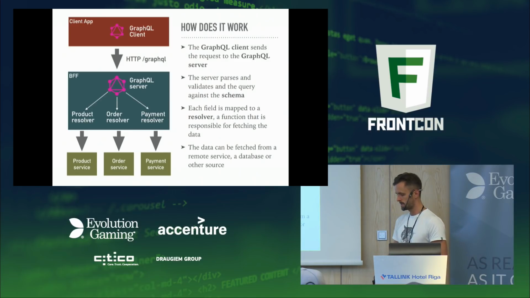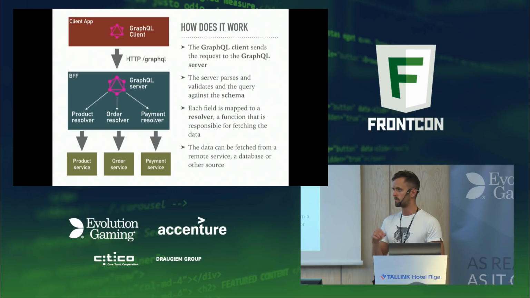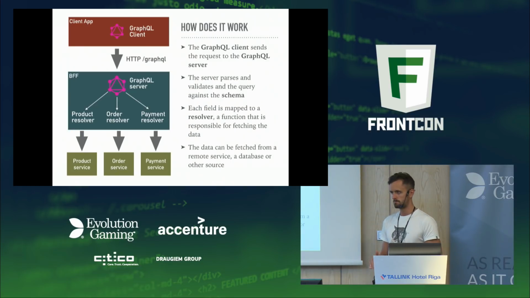It has a notion of schema, a strict definition of what information it can expose to the user. It lists all of the fields which are available for querying for the user. It also lists the types and the concrete descriptions of these fields.